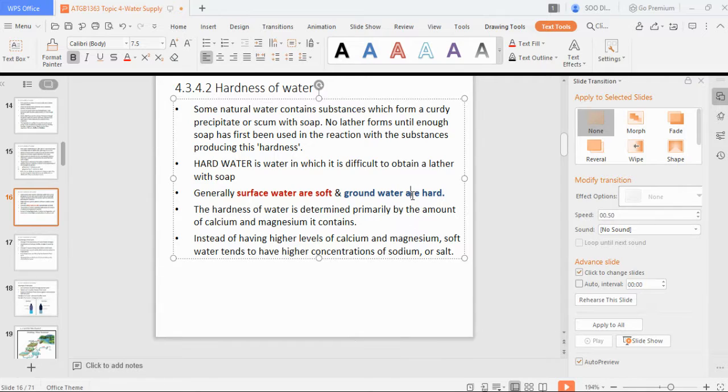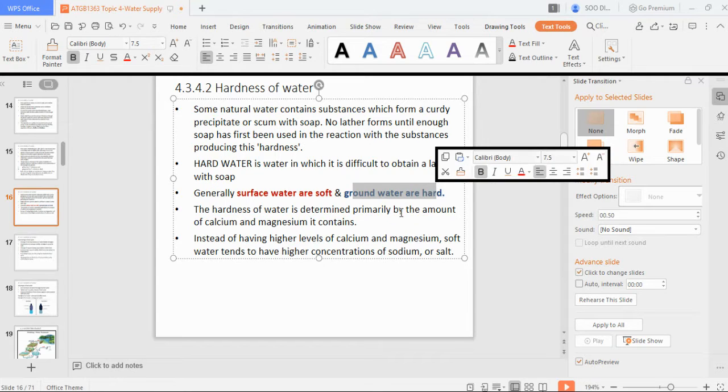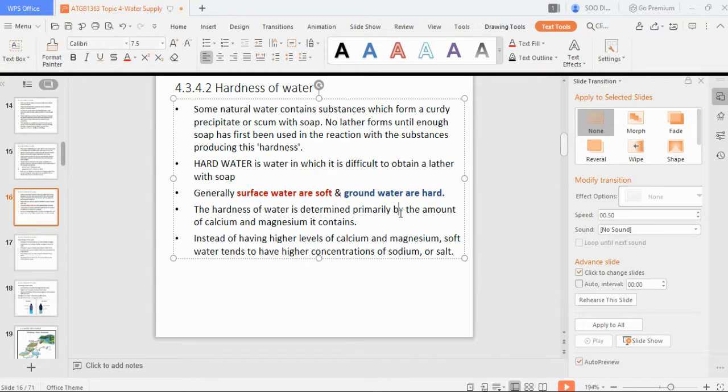Our body requires minerals, and one of the ways we obtain these minerals is through hard water from groundwater. You often find on the water bottles that you buy, if they say it is sourced from groundwater, it is actually hard water. So there are minerals in the water.